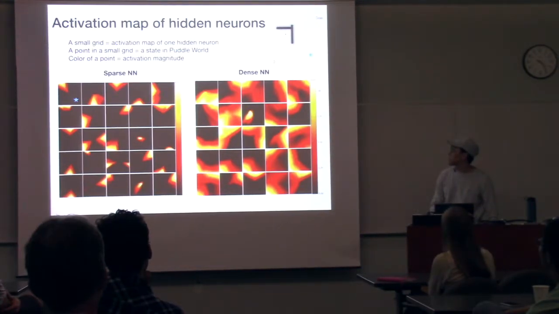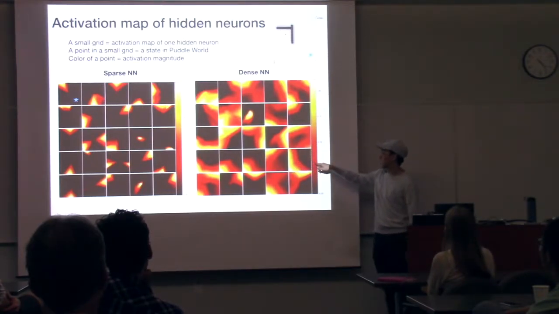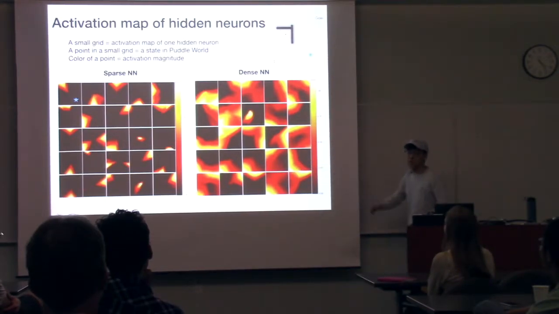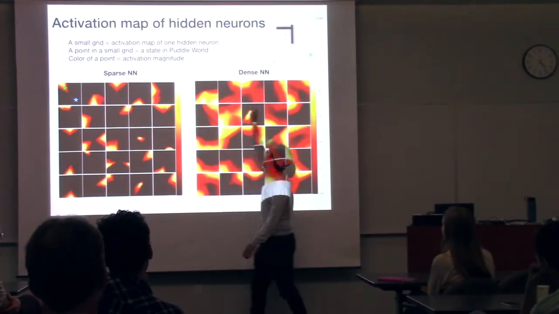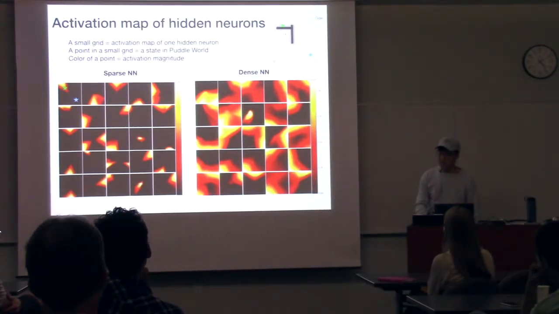The color of the point corresponds to the activation magnitude. You see the blue points correspond to 0 magnitude for the first hidden unit, and this green point corresponds to around 0.6 magnitude, because it's yellow in this state in puddle world. Do you have any questions on this?